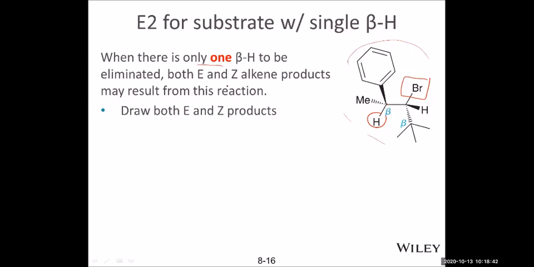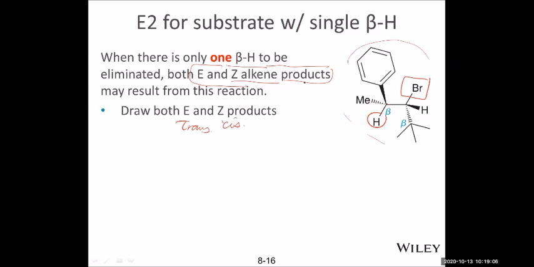E and Z is in the alkene chapter. E and Z is equivalent to cis and trans. We did not really officially introduce E and Z yet. E is equivalent to trans, and Z, of course, is equivalent to cis.